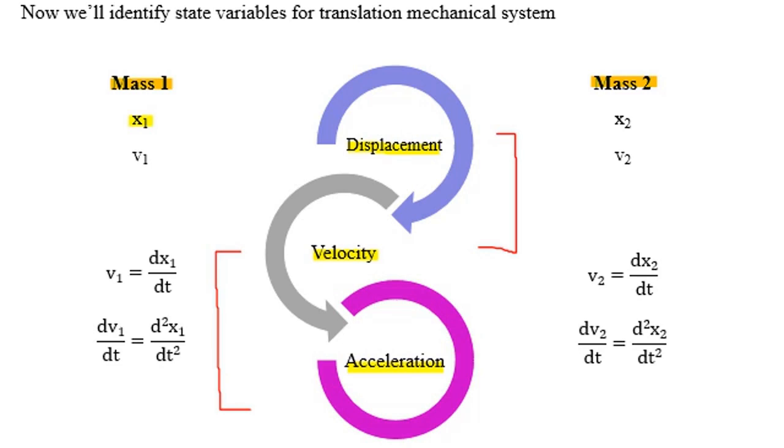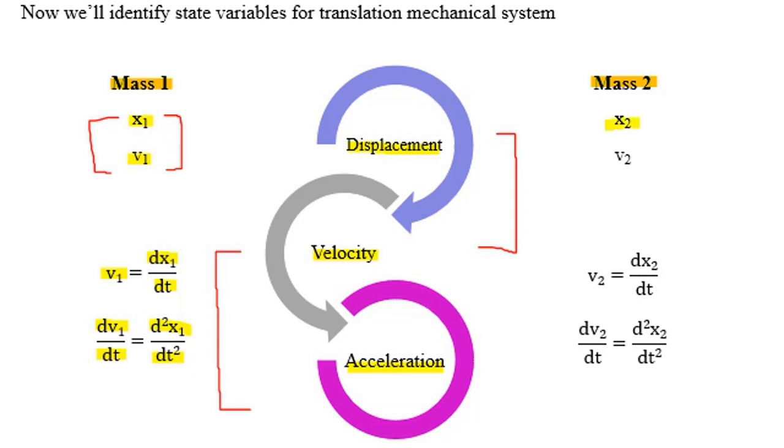So here x1 represents displacement covered by mass 1, and its derivative, dx1 over dt, will represent velocity or v1. Now rate of change of velocity will be acceleration, which is equal to the double derivative of displacement x1. So x1 and v1 will be two state variables for mass m1, which represent displacement, velocity and acceleration.